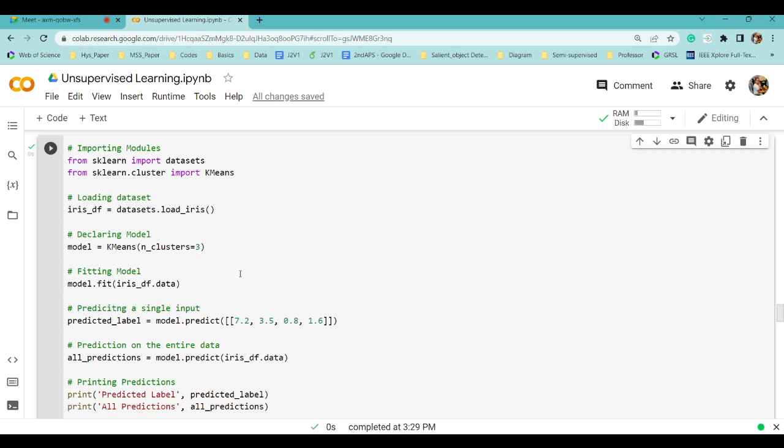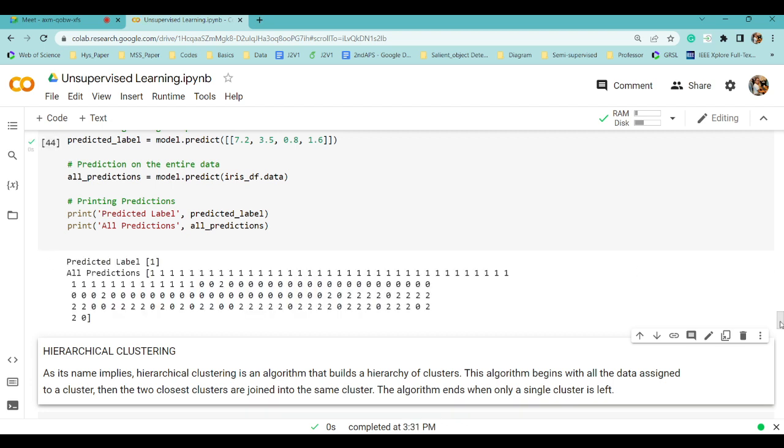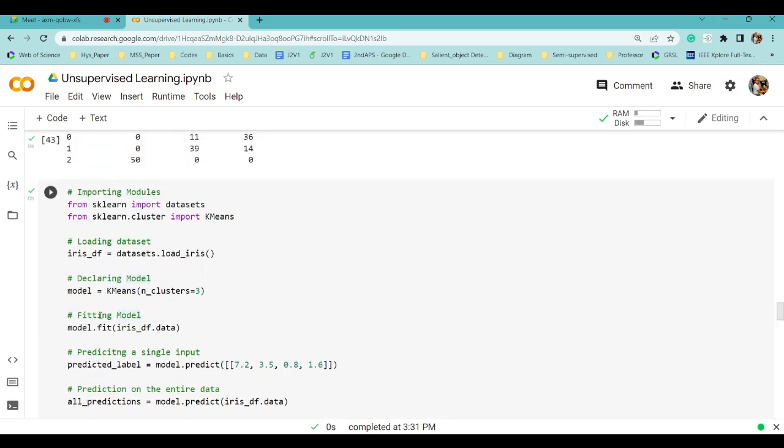Now this is where I'll be fitting my model, and I will be predicting on a new data set. Okay, so I have done this importing of the model again, which is not required.